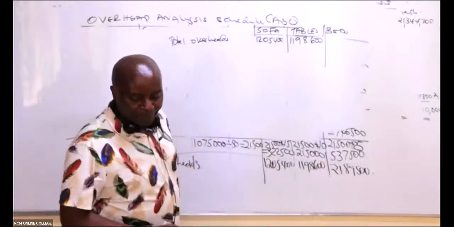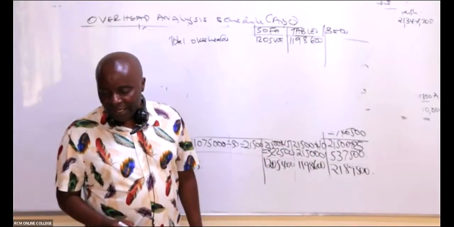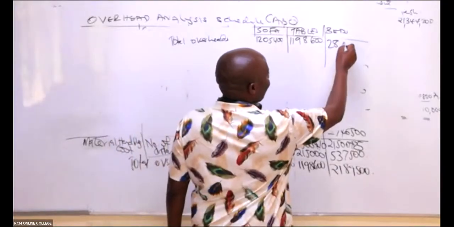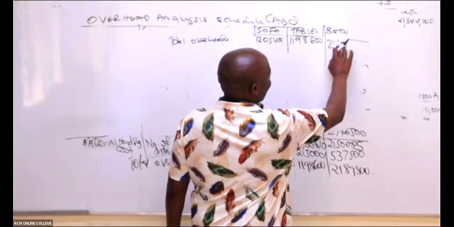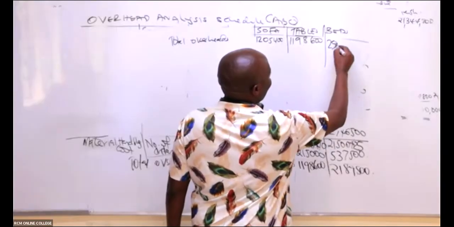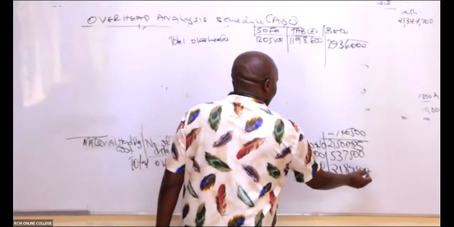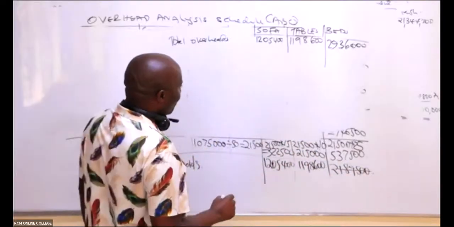No problem. The last figure, 29,36,289 or 29,000. So please correct this figure. Madam, you can just check where you went wrong.